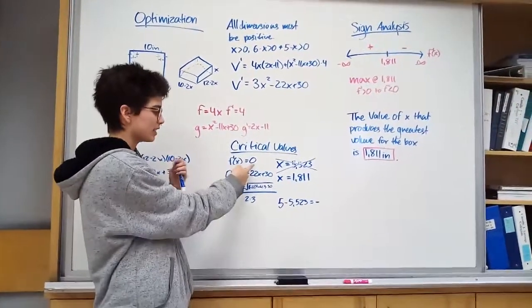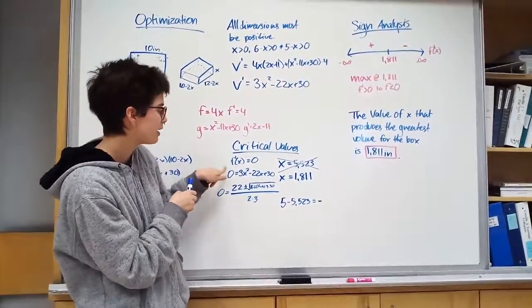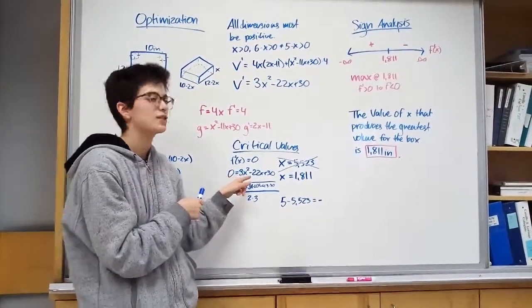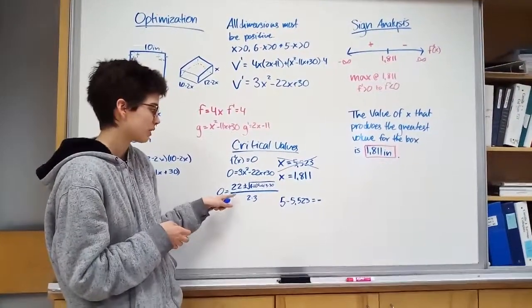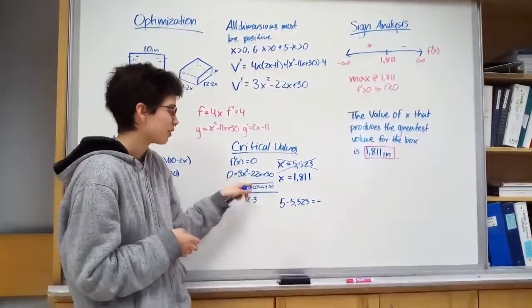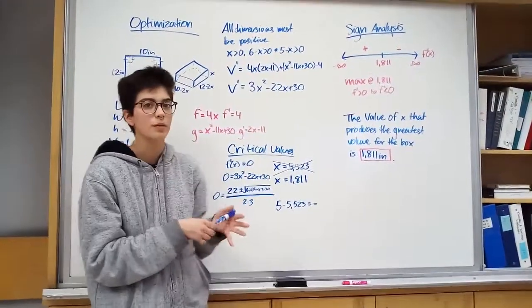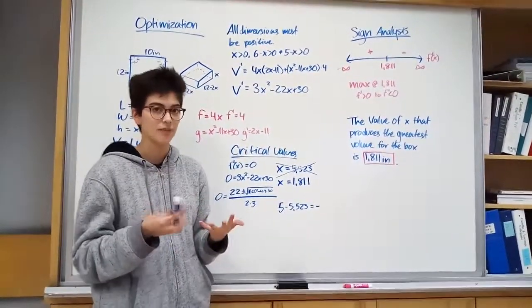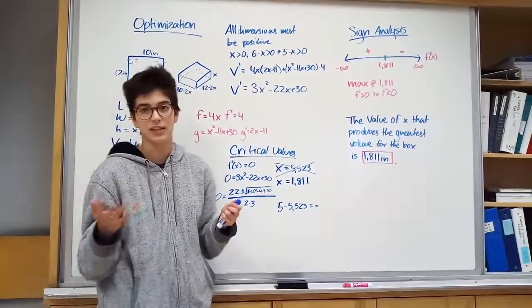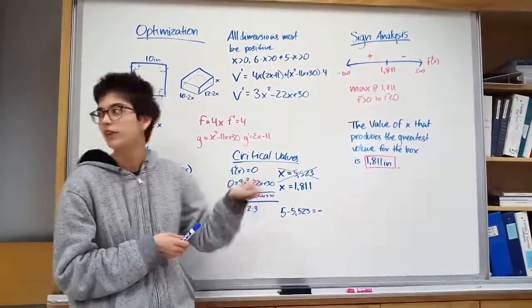F prime of x equal to 0, so I set it equal to 0, except this one you can't factor normally, so you have to use the quadratic formula, which is 22 plus or minus the square root of negative 22 squared. Remember to keep that negative inside parentheses or else it's going to square it and turn into a negative, and if you have a negative there, the entire function doesn't work because there's a negative under a square root.